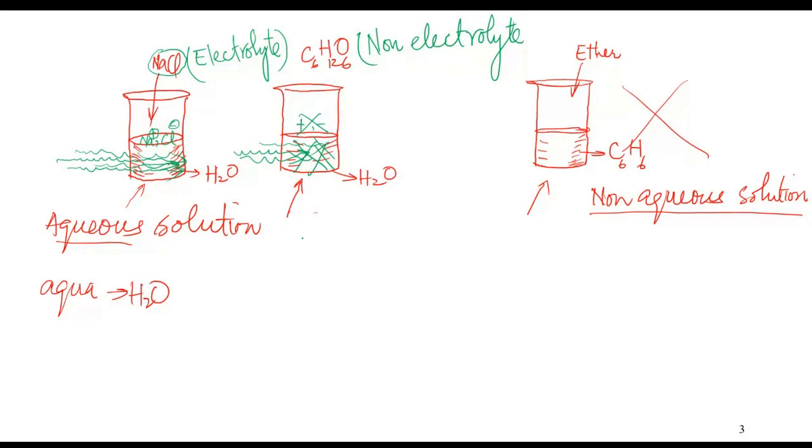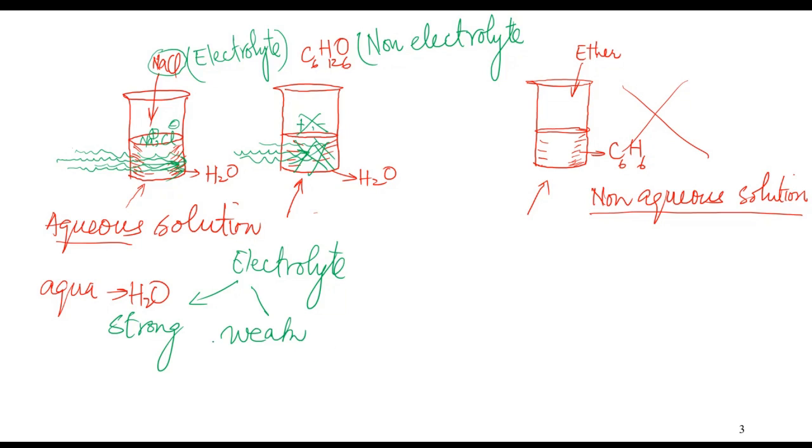Okay students, now we have two types of electrolytes. Strong electrolyte and weak electrolyte. Now, what is a strong electrolyte? What is a weak electrolyte?